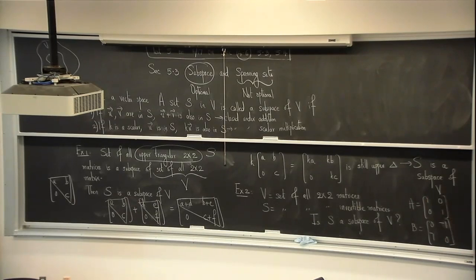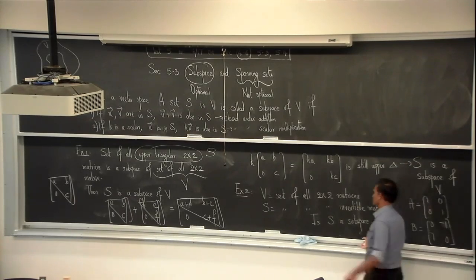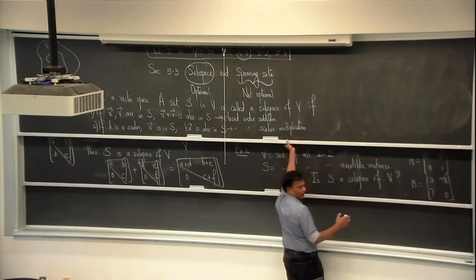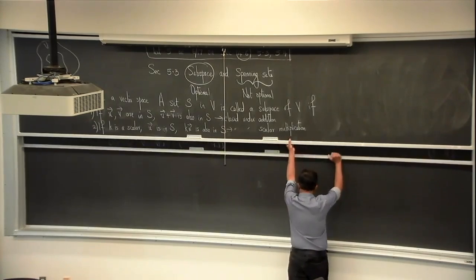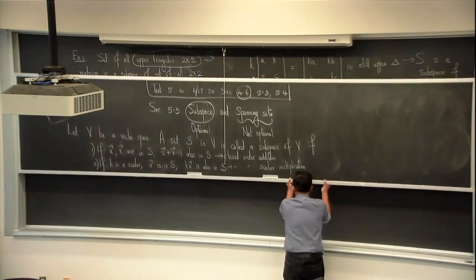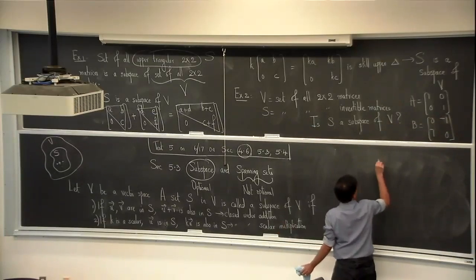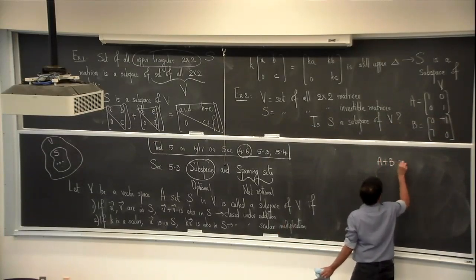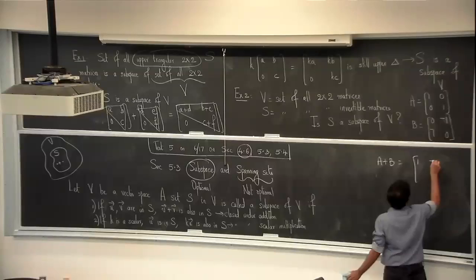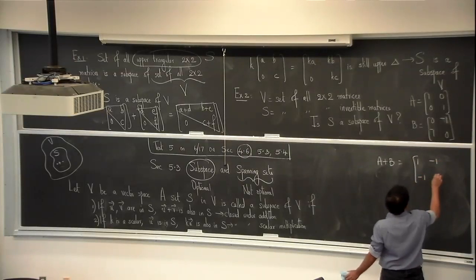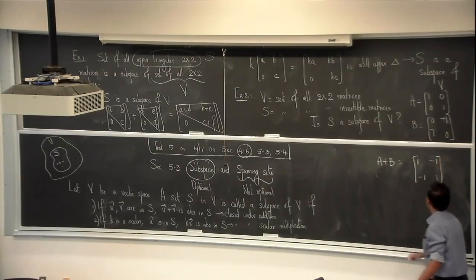And if you add them together, you get A plus B equal to 1, negative 1, negative 1, 1. Though there are easier ways to do this, I think this is a more complicated example. A plus B is 1, negative 1, negative 1, 1.